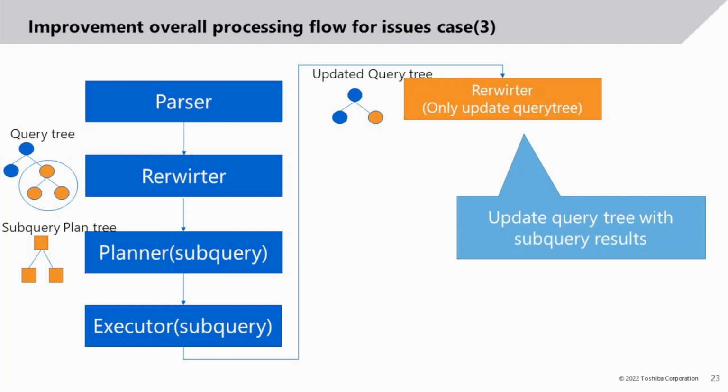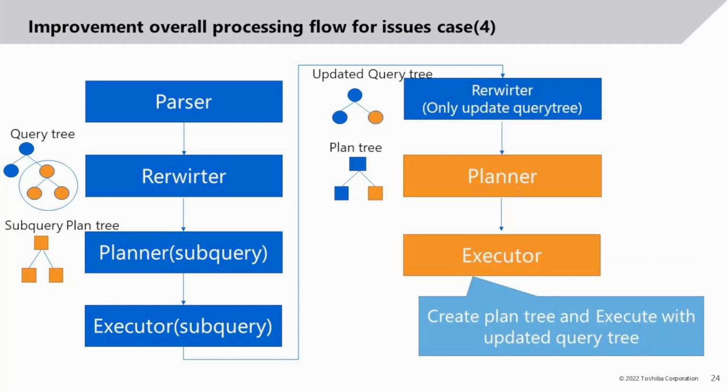Here in step 3, the query tree is rewritten using the result of the subquery. Last phase, create a plan tree based on the rewritten query tree. Execute the plan tree using the executor and return the results to the user.